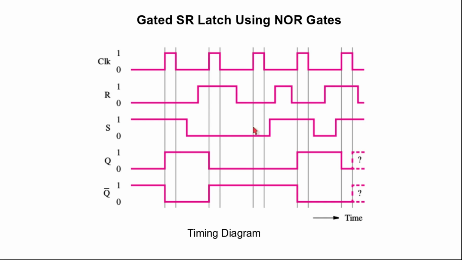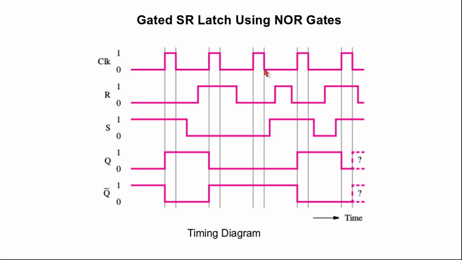Since both R and S are 0, again there will be no change, because clock equal to 1, R equal to 0, S equal to 0 means no change. If you go back to the characteristic table, you will see that clock 1, R 0, S 0, then no changes will happen. Hence Q was 0, it remains 0, no changes take place there. And similarly Q prime was 1, it remains 1.